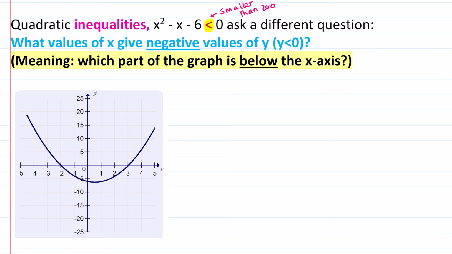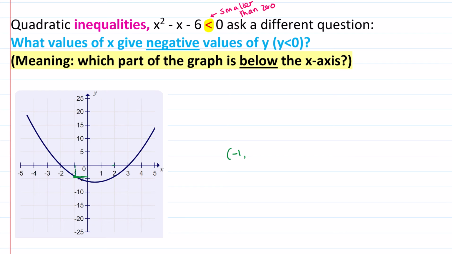Well, you can have a look. It starts with -2 and 3. And all of these points, coordinates on this section of the graph, the section that is below the x-axis, will give y values that are smaller than 0, where they are negative. Let's have a look. If I choose this coordinate there, this is x equals -1, and you can see that the value for y is negative.